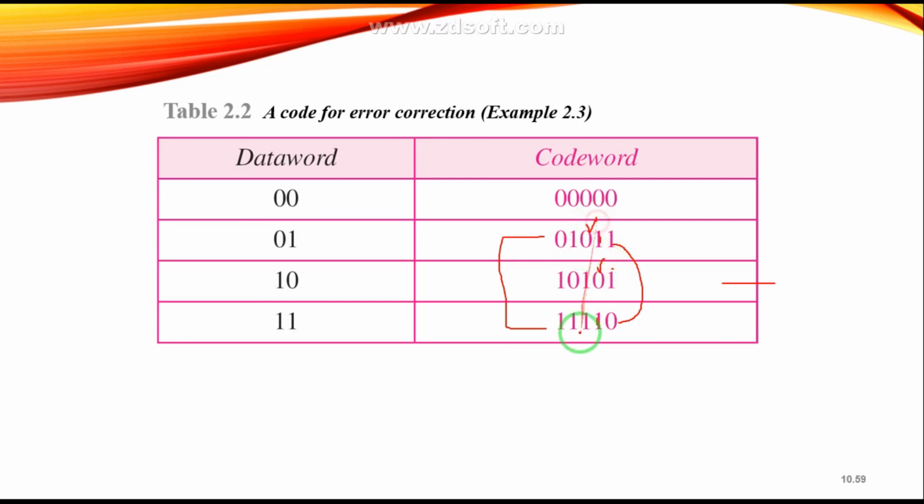XOR of 0 and 1 would give you 1 because two dissimilar bits are there. Then XOR of 1 and 1 is 0. And similarly, XOR of 0 and 1 gives you 1. It means what we have concluded is that the exclusive OR, XORing of any two code words, is going to generate a new valid code word.